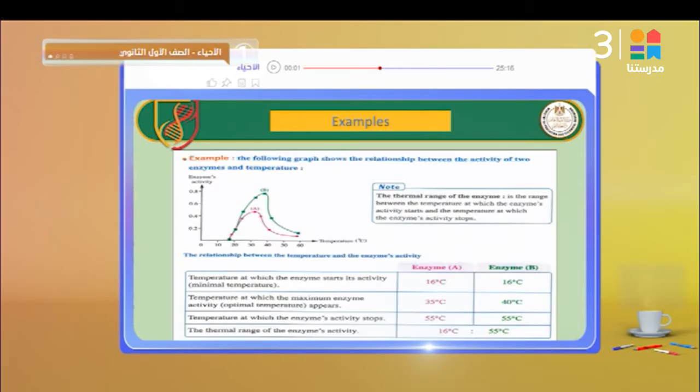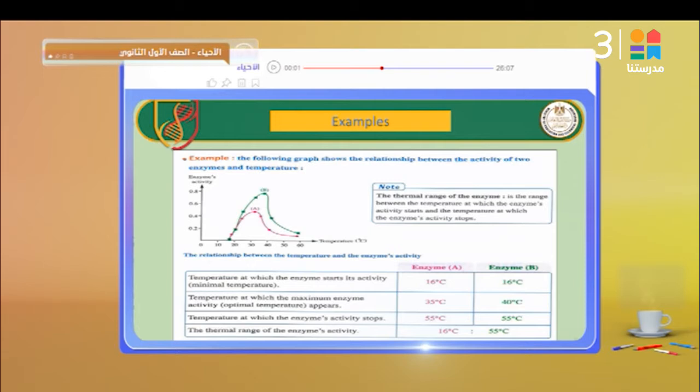That's right. Examples: the following graph shows the relation between the activity of two enzymes. Enzyme A has most activity and peaks at 37 Celsius degrees, and another enzyme peaks at 30 Celsius degrees. There is a difference in enzyme activity and temperatures from one living organism to another.